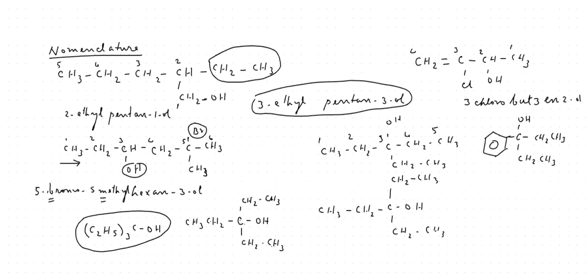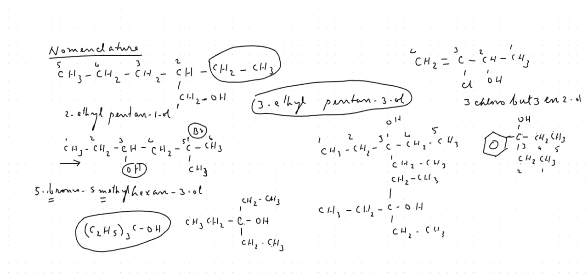Now you count in such a way that the OH group gets the least number. If you count like this, 1, 2, 3, 1, 2, 3, either way you can count. It is 1, 2, 3, 4, 5. So as the alkyl group is the parent one, the name bears the name of the alkyl group.